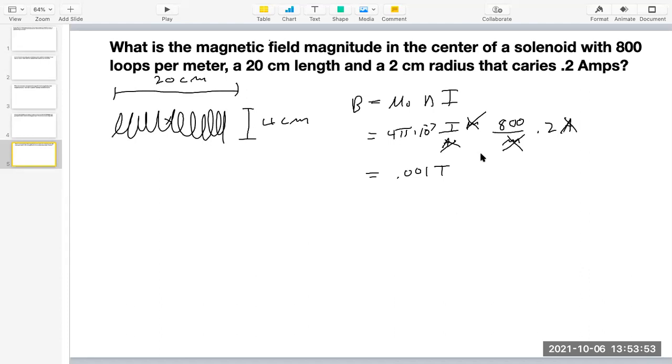There's not 800 loops, there's 800 loops per meter. If you knew how many loops there were, you would divide that by the length to get how many loops per meter there are. Okay, thanks. Figuring out what to ignore is important.